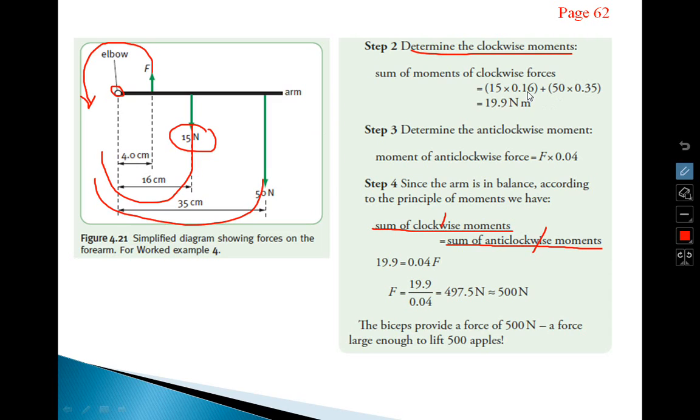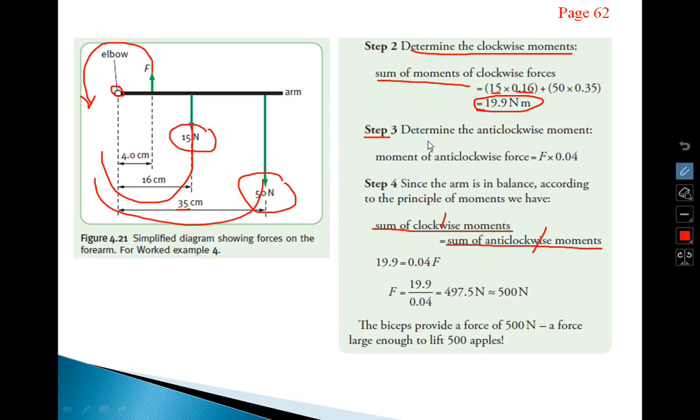We change it to meter, so it is 15 Newton times 0.16 meter, plus another force, 50 Newton times 0.35 meter. So the total value is 15 times 0.16 plus 50 times 0.35, which is equal to 19.9 Newton meter. This is the summation of clockwise moments.